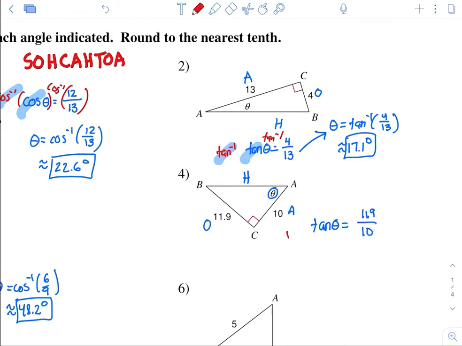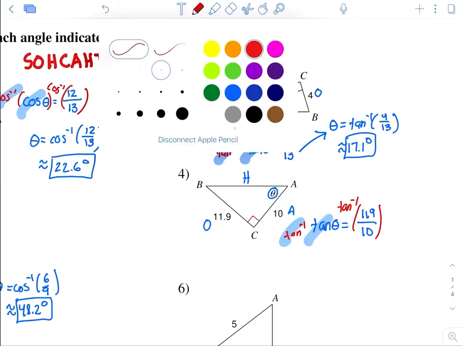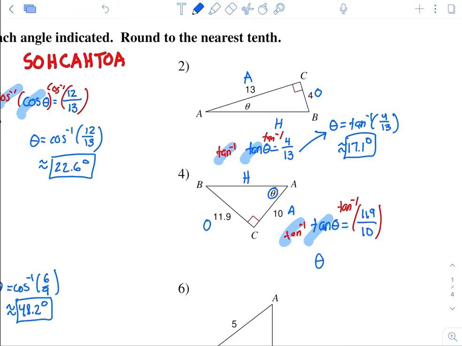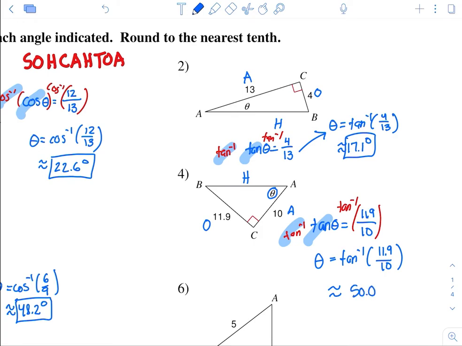Take the tan inverse of both sides. These cancel, so we get theta is equal to tan inverse of 11.9 over 10. Put this in your calculator or in Desmos, and your final outcome should be 50.0 degrees because it rounds up.